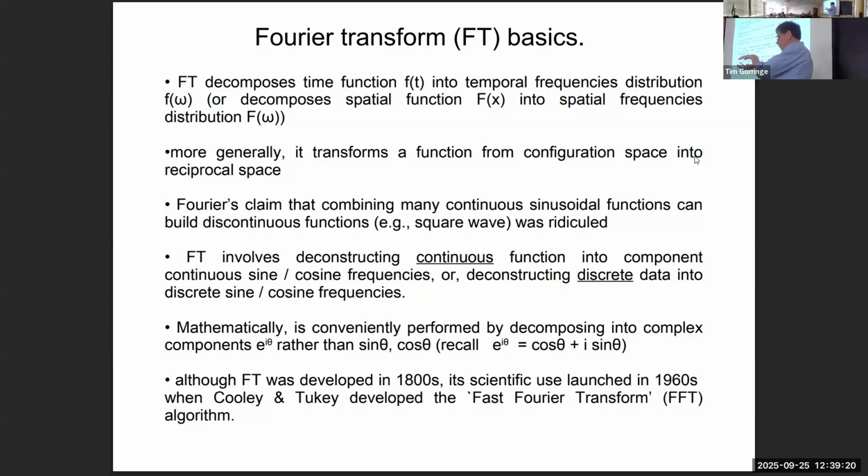As you probably remember, you can break that apart: the real part is just cosine theta, and the imaginary part is just sine theta. It's just mathematically convenient to work with e to the i theta rather than cosine theta and sine theta. But still, the idea is the same: you're going to break down some discrete or continuous function into either a series of sine waves and cosine waves, or into these series of e to the i theta and its harmonics.